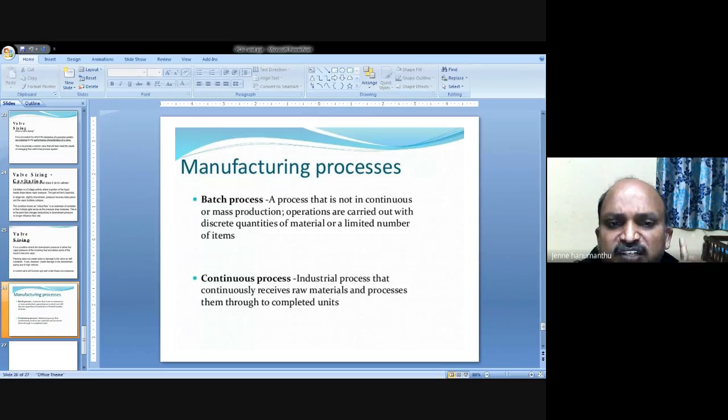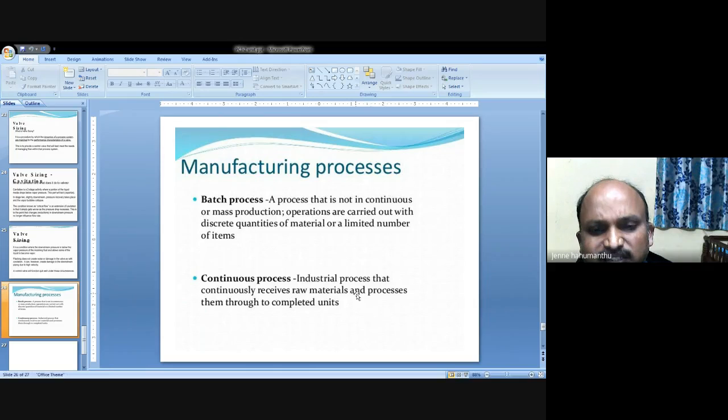In the manufacturing process, there are two processes going on. One is batch process, and the other is continuous process. Continuous process means an industrial process that continuously receives raw materials and processes them through to completed units. Raw material means gravel, completed units means steel.